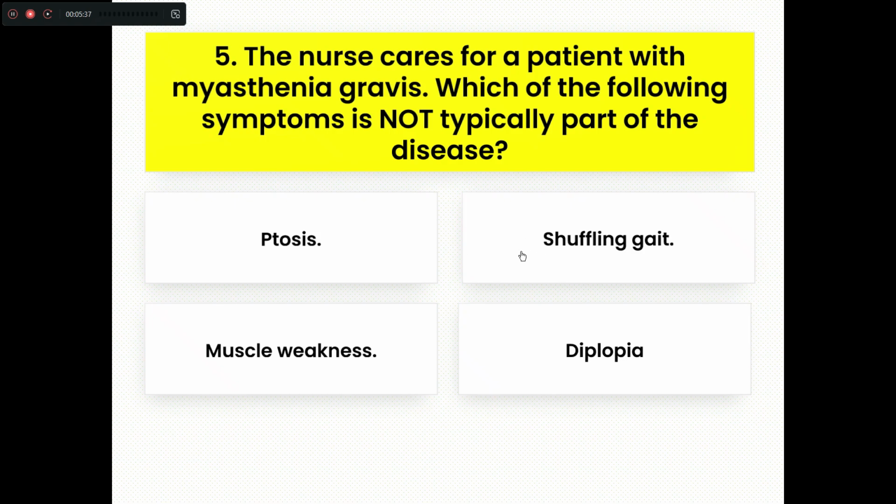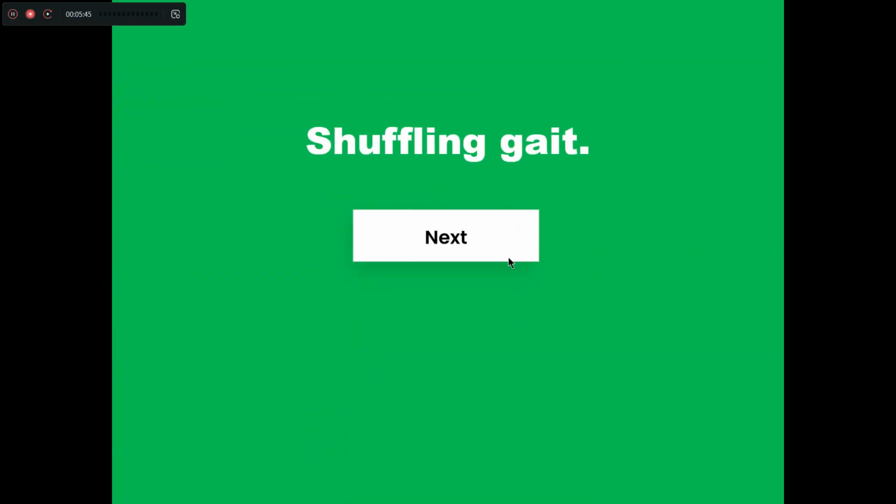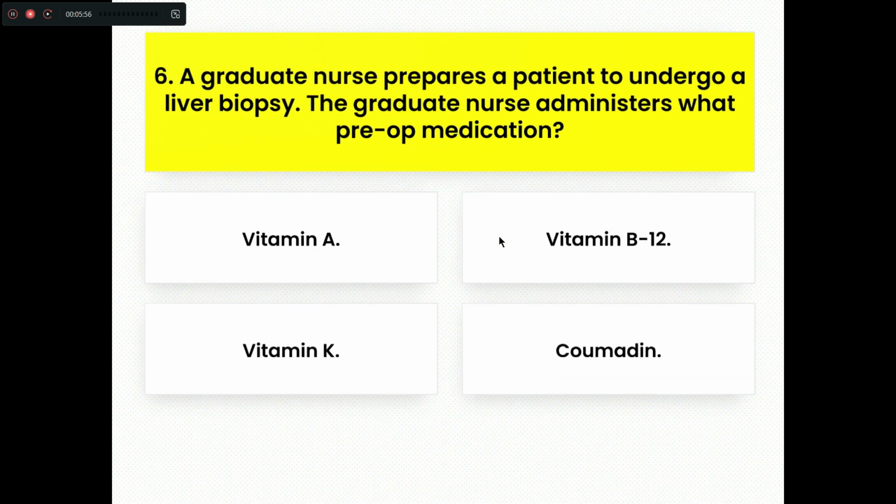So the symptom which is not a part of myasthenia gravis here is the shuffling gait. You know well, shuffling gait is a part of Parkinson's disease.